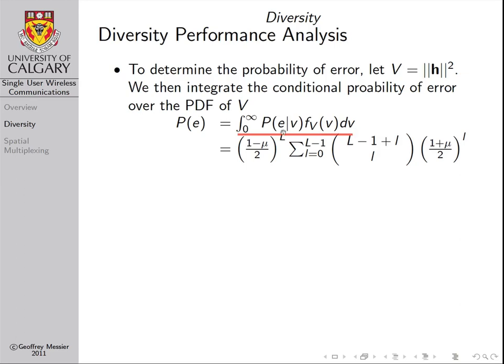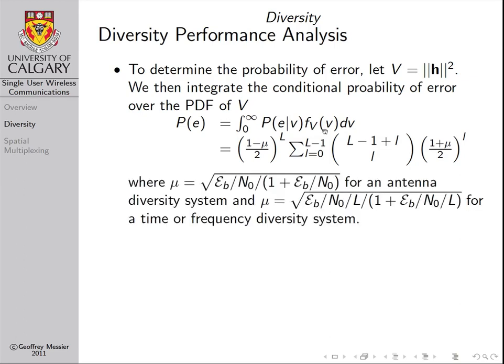We take the conditional probability of error, multiply it by the chi-squared PDF of V in this case, and then working through a bunch of mathematics and making a bunch of simplifications, we end up with a fairly complicated expression as a function of this variable mu, and mu is actually a function of the signal to noise ratio. And I give two versions of mu here.